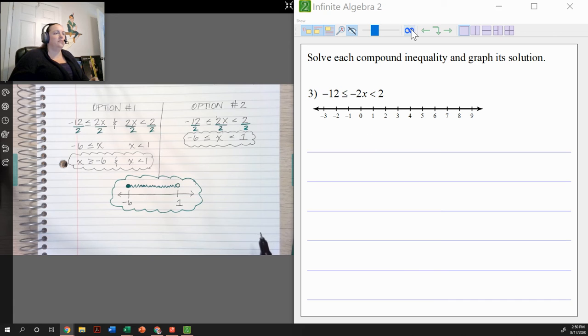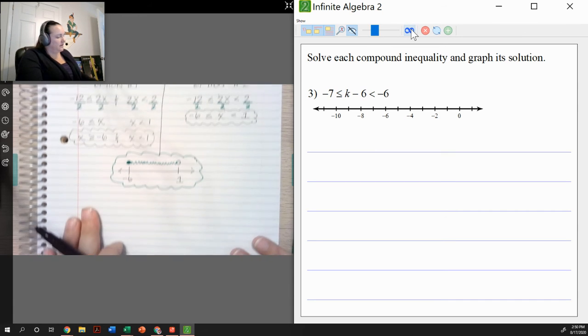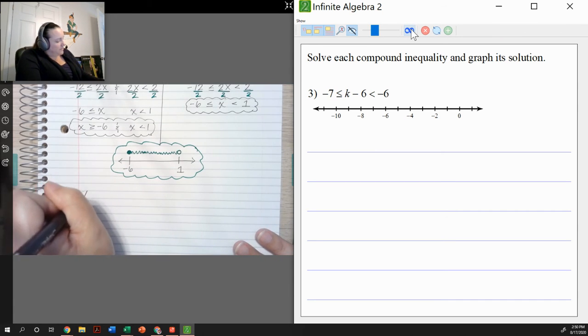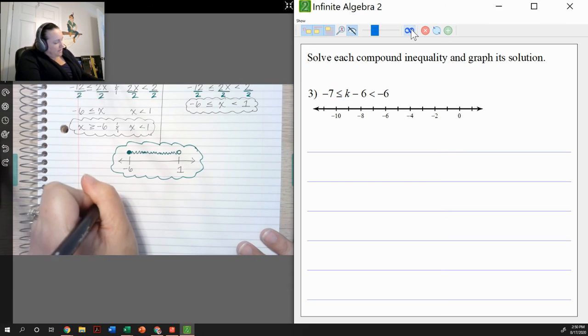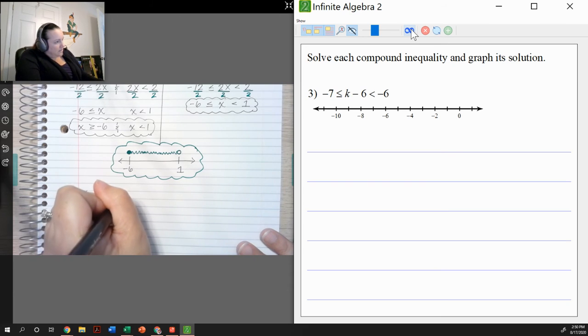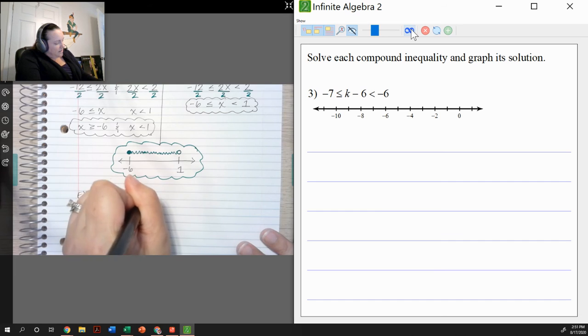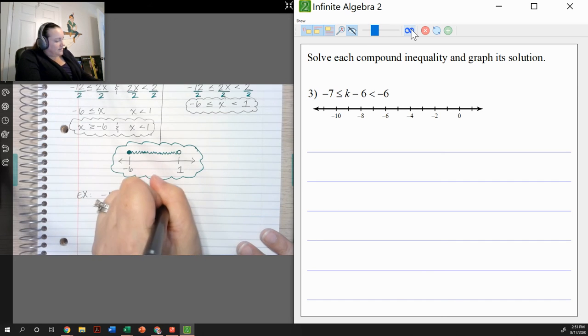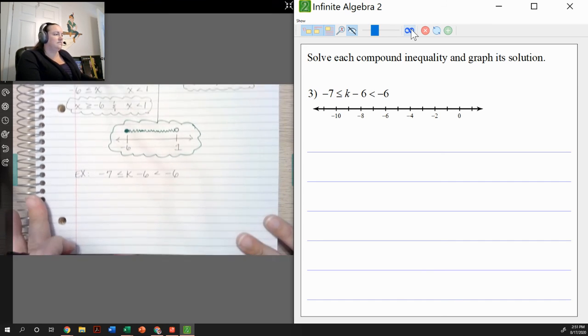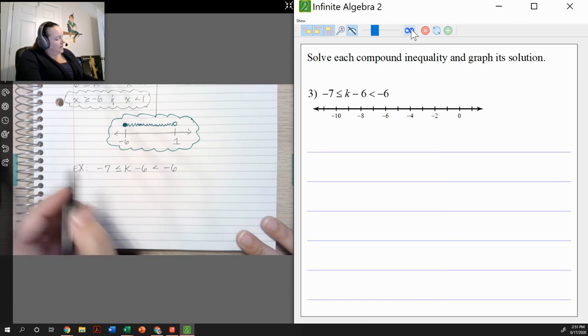So if I go over here, let's regenerate a problem so we can do one more example. So -7 less than or equal to k minus 6 less than -6. Okay? All right.